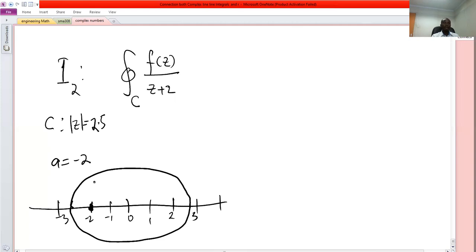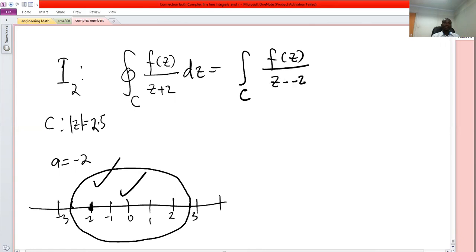Which means that we can apply that formula. So you can write the integral along C of f of z over z minus (minus 2) dz. So that is the formula, z minus a comes out clearly, and it equals 2 pi i f at minus 2.